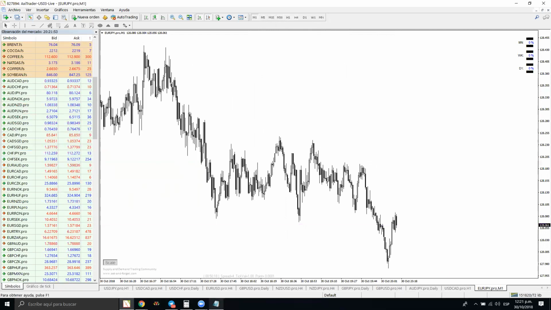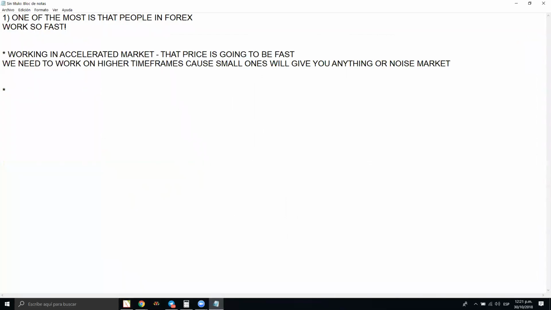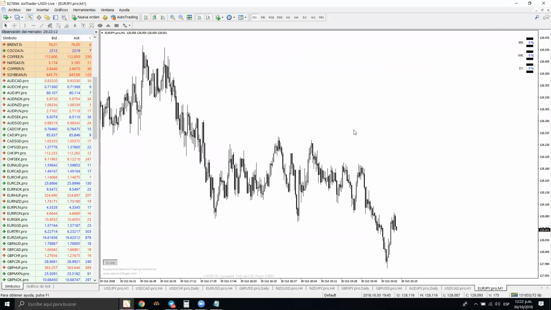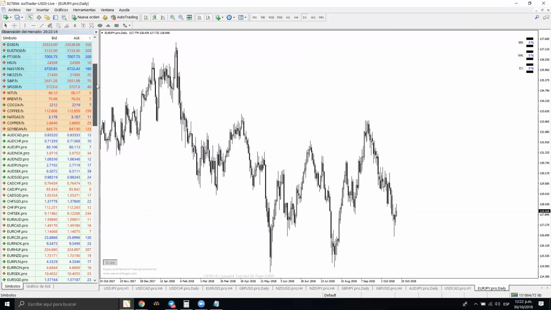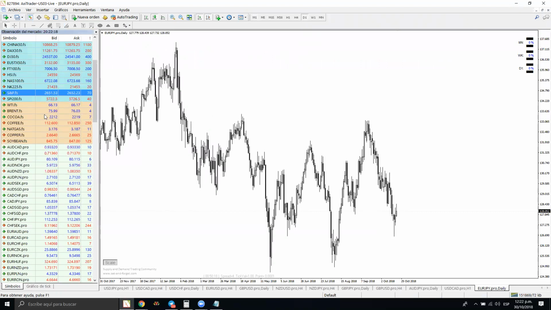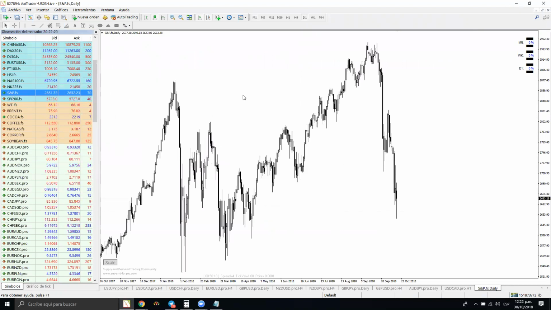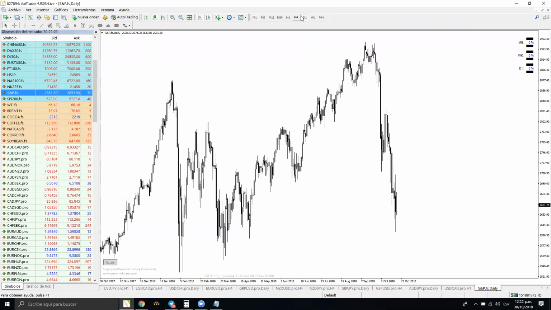It's like we're trying to watch Formula One cars, very fast, and everything could change in low time frames. Okay, so first, we need to understand that. Let's see another example from another market. This is the S&P. Let's see the difference.